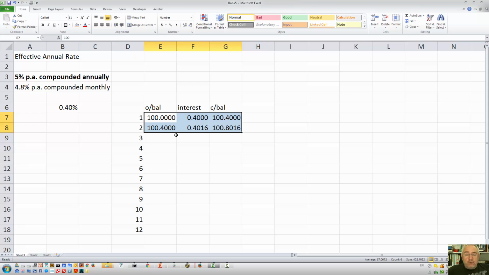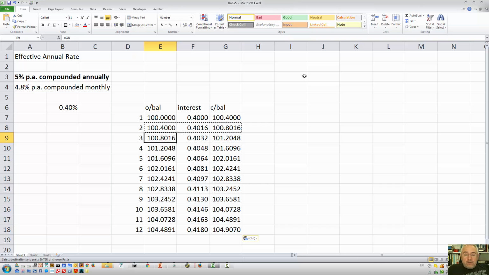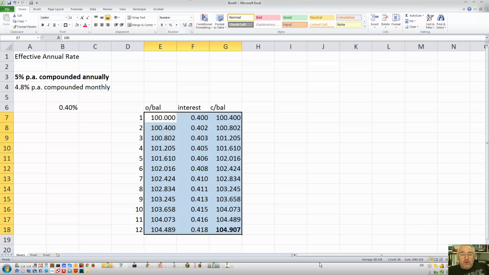Let's make it down to hundredths of cents. Let's copy it down. So what do we end up with at the end of 12 months? We've got $104.907. Okay, since it's 0.7, let's get rid of one of the decimal positions.